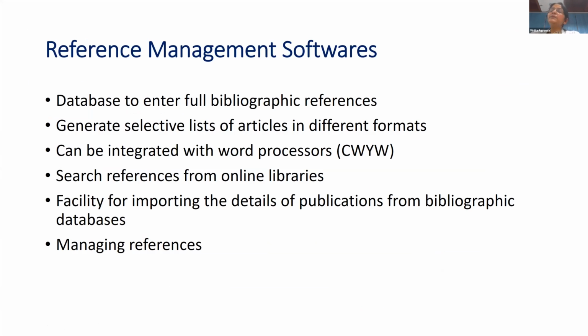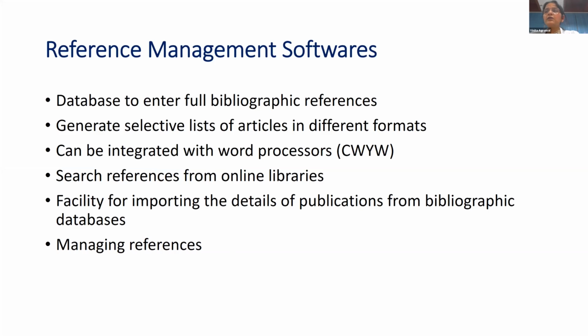Now we come to the topic of interest, that is reference management software. We have now understood how a reference is identified. It has a DOI number, it has a PMID number, it may or may not have a PMC ID number, and so on and so forth. So basically a reference management software is a database to enter a full bibliographic reference.